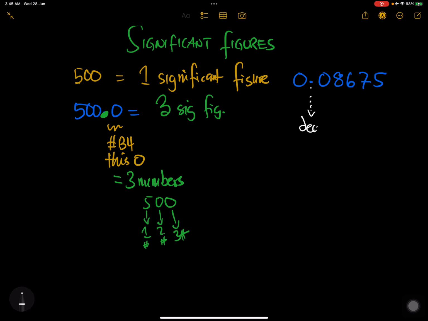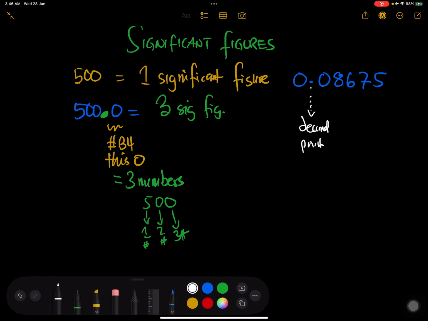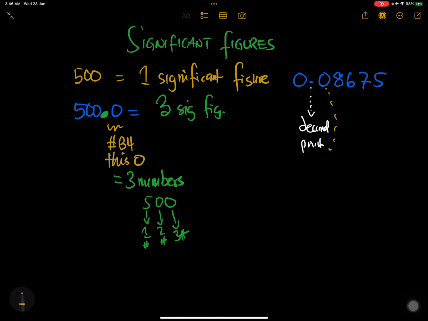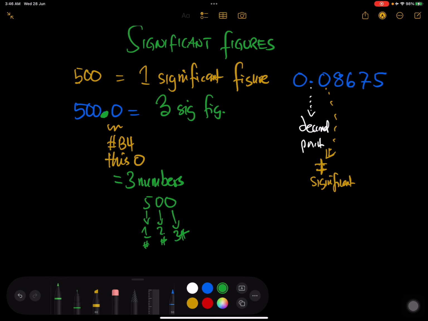If it was decimal places, the zero after the decimal point would have been important. But because we are dealing with significant figures, the zero after the decimal point is not significant, because it is only a placeholder.